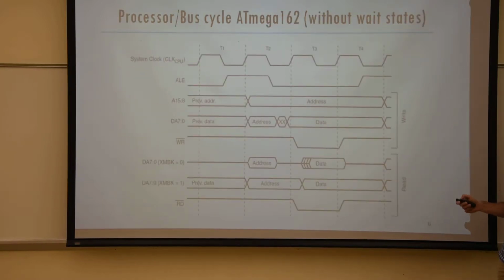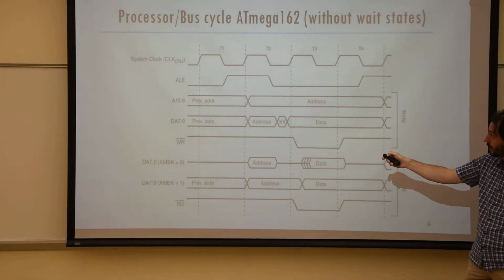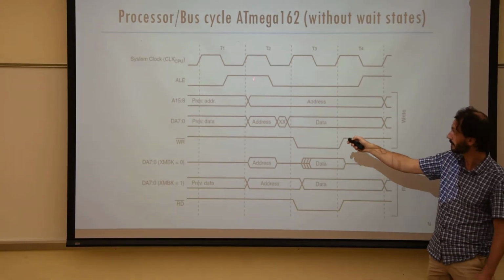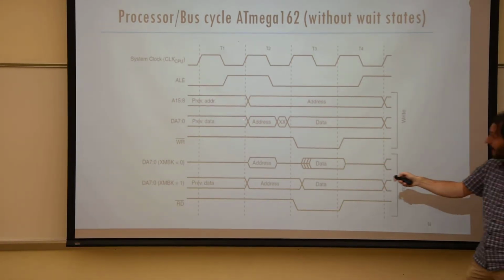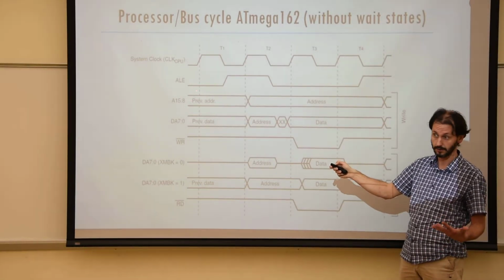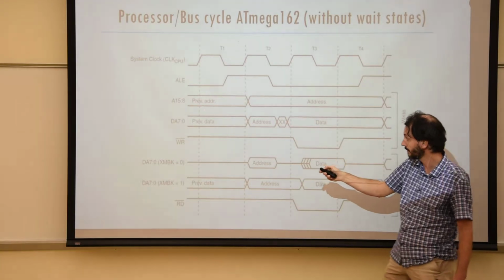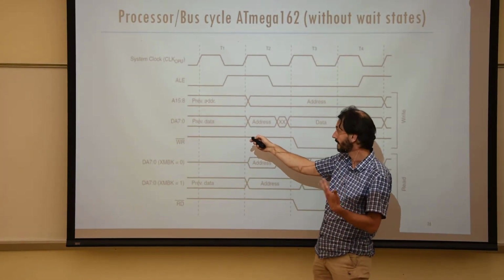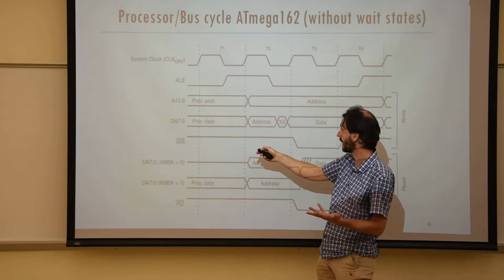Okay, so in the data sheet you will see this particular diagram that talks about a timeline. So we have a system clock, and you want to indicate when you're going to enable this stuff. In the beginning, you were busy with the previous address and the previous data.